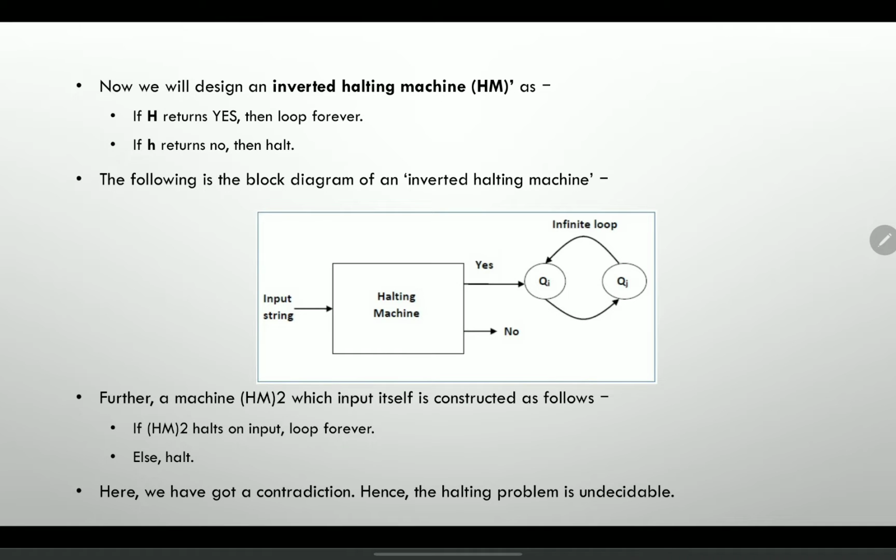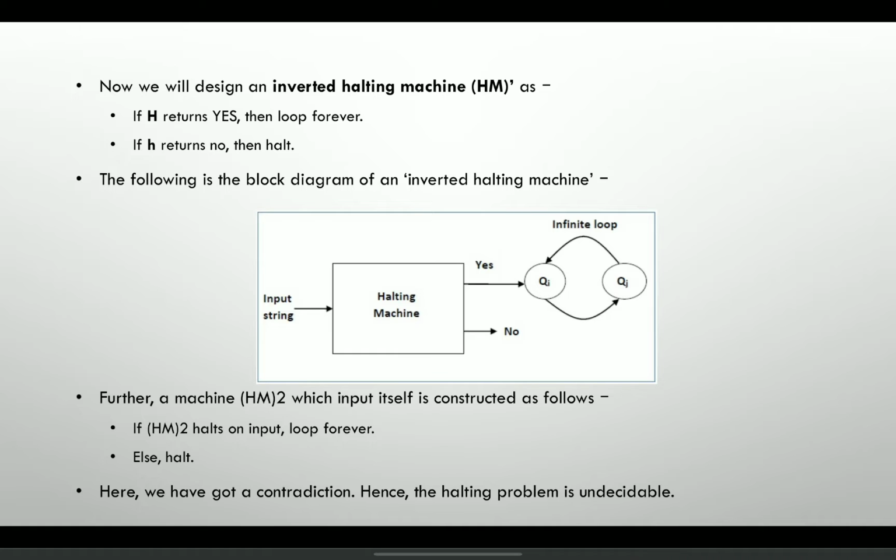Now, as the second step, we will design an inverted machine, that is an inverted halting machine HM dash, such that if H returns yes, then it will loop forever. If H returns no, then halt. The following is the block diagram of an inverted halting machine.